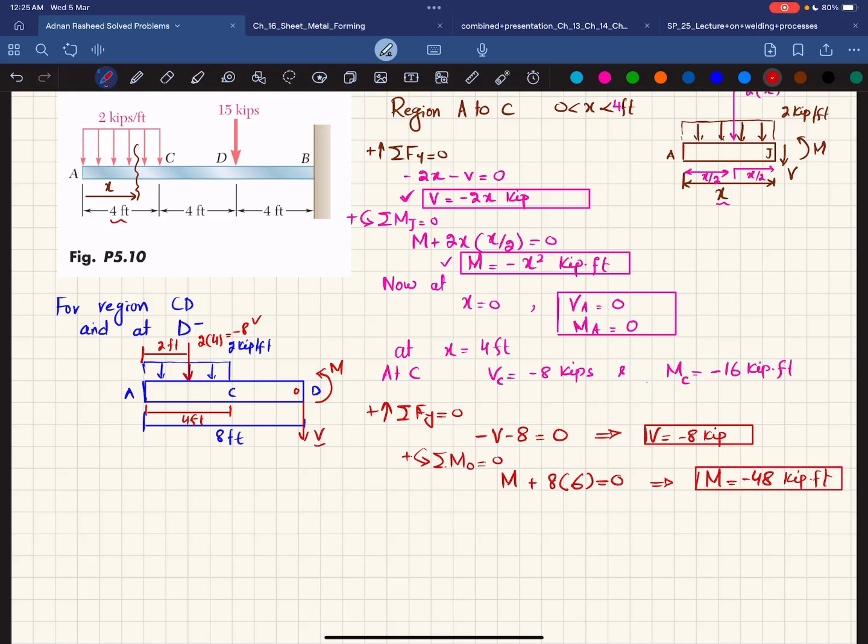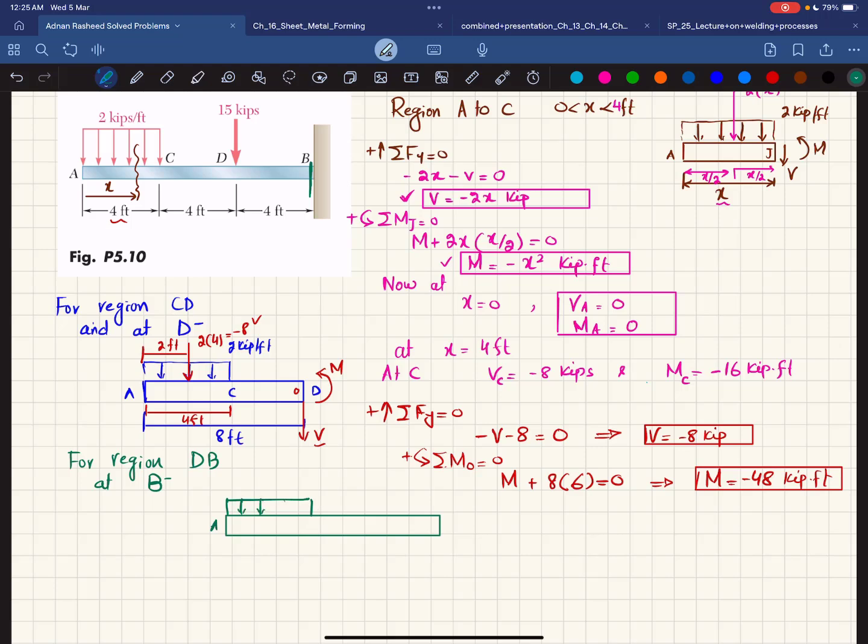Okay. Now for region DB, I will write here by using another color, for region DB, at B negative. Now B negative means somewhere here. So what you will do is that you will cut the beam and you will draw the free body diagram. It will be like this. This is your point A. From A to C you have distributed load.